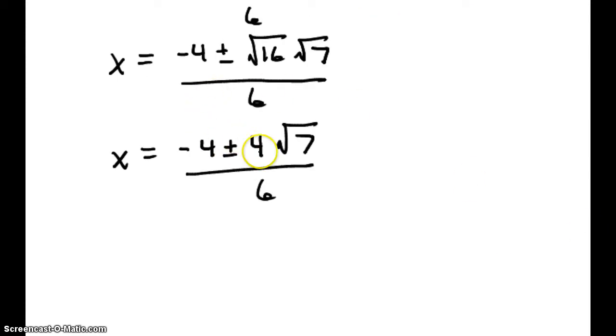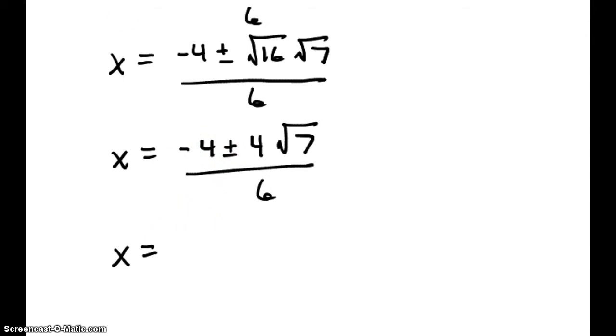Now, this looks like it would be tempting to leave it like this. If this negative 4, this 4 root 7, and the 6 didn't share a common factor being 2, then we could leave it like that. However, each of them is divisible by 2, so I'm using distributive property. I'm multiplying everything by 1/2.